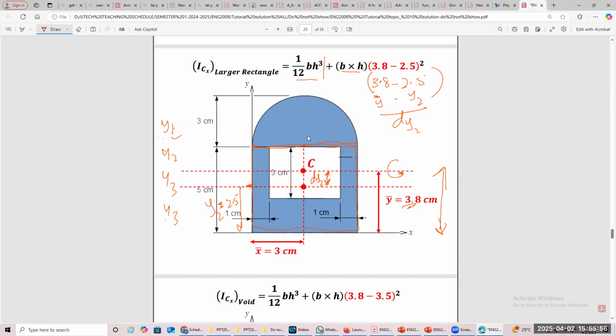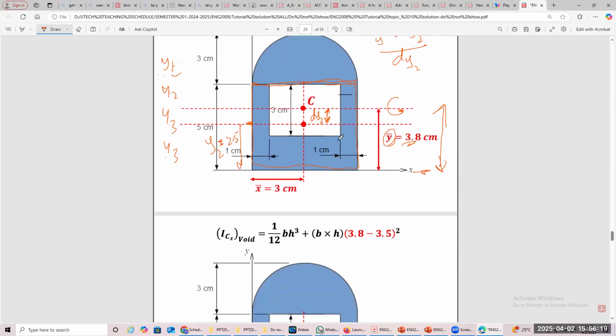If I say I want it around the centroidal axis, do not find it around the x-axis. It's around here. So you're going to do some subtraction with the y's from y bar. Who follows me? I hope I'm absolutely loud and clear. That is how you get your D. All right, let's move on to the next one.